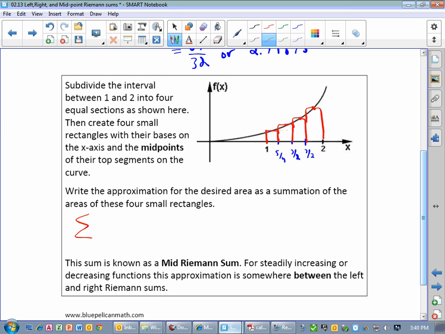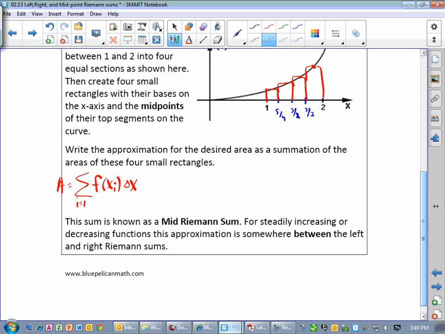So again, area equals the sum, i equals 1 to 4, and again, we'll usually have an upper bound here, and we'll get to that, but it's not with this. f of x sub i, delta x, and that's going to equal, now, are our rectangles any wider or narrower than they have been before?